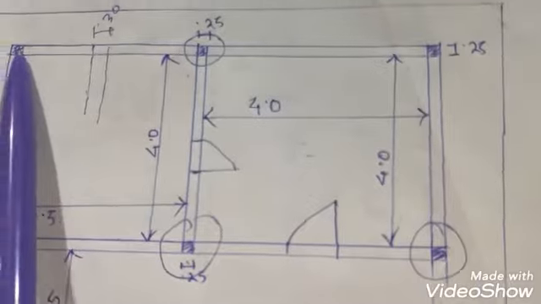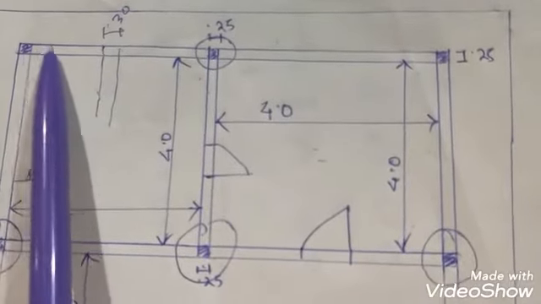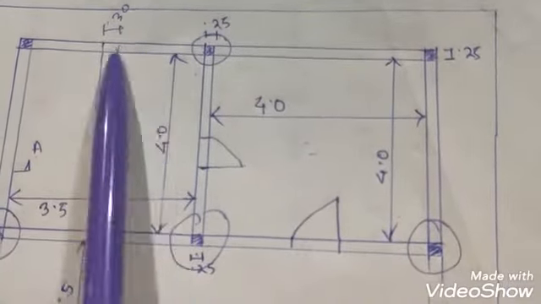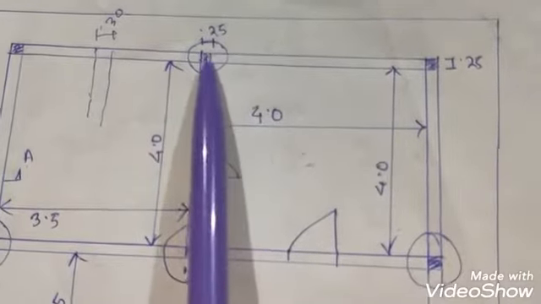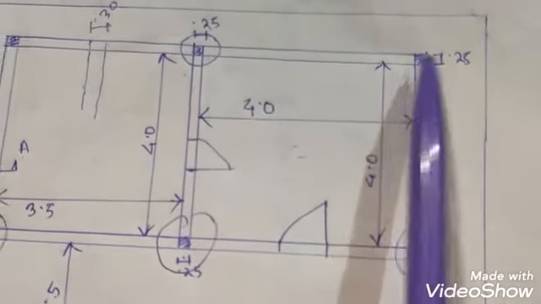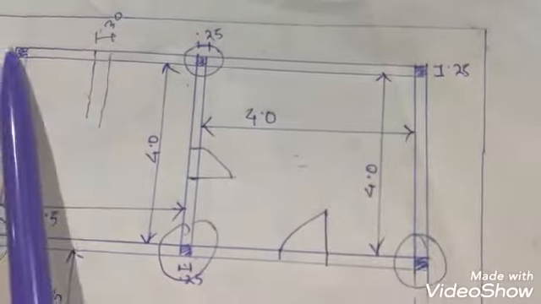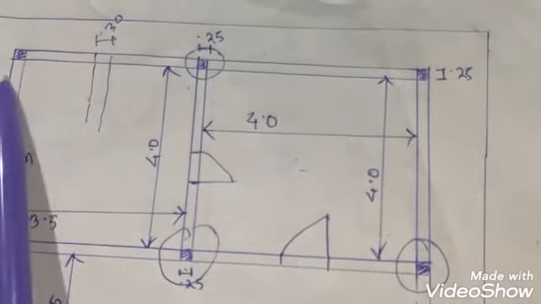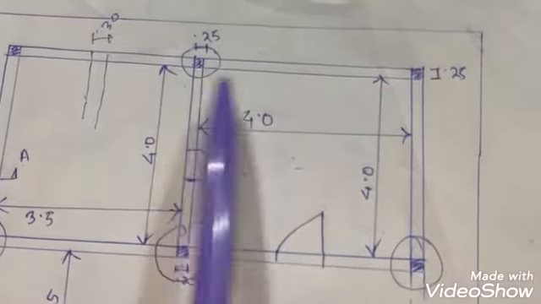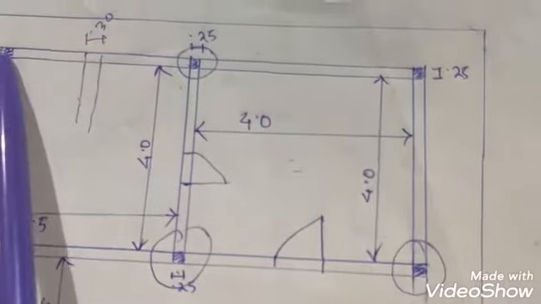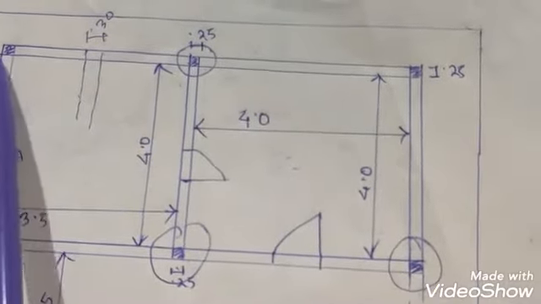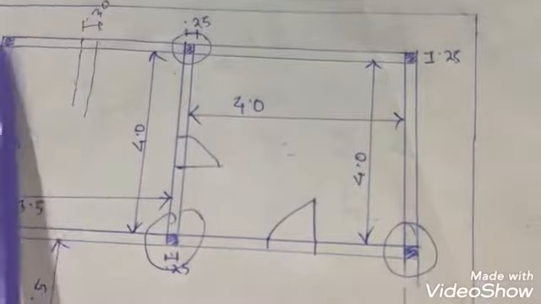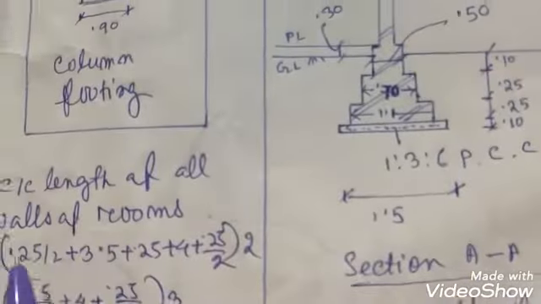This is how much? This is 0.25. This is how much? This is 3.5 plus again 0.25 plus 4 plus 0.25. So from here to here we have 0.25 plus 3.5 plus 0.25 plus 4 plus 0.25. So the length of this wall we have found. How many walls are there of this length? 1, 2.